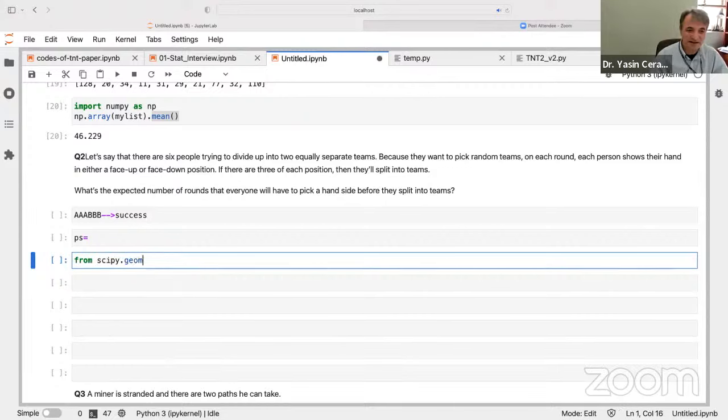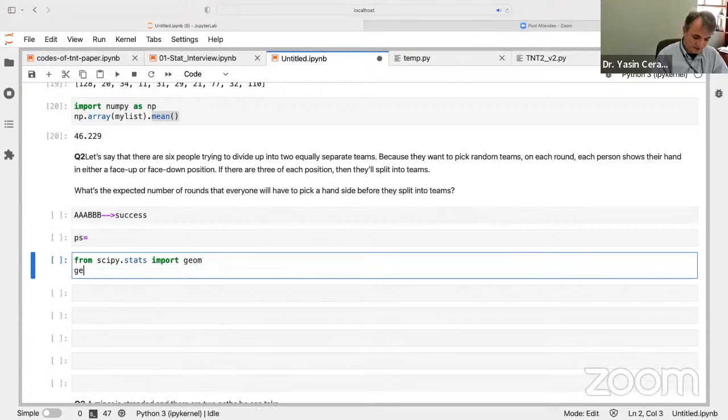Import geom, and then geom.mean of PS. That's how I'm going to solve this problem.